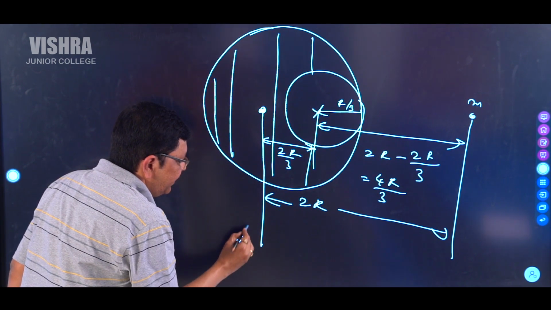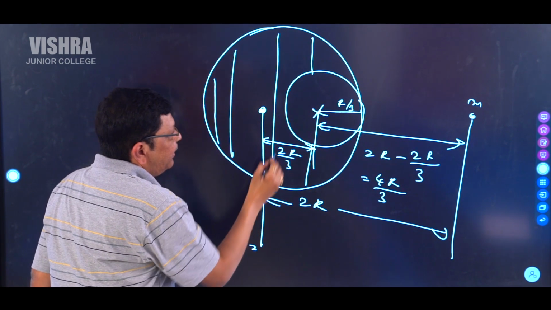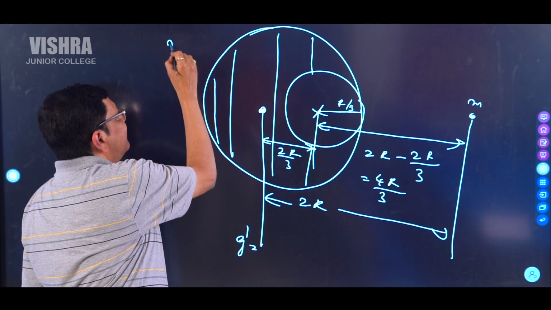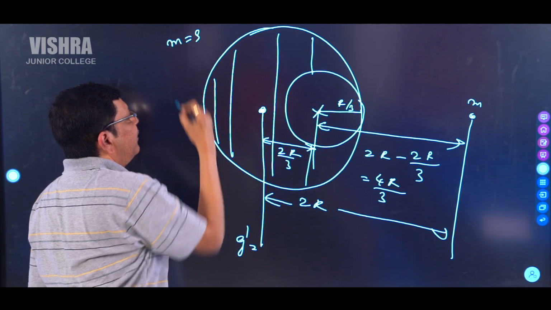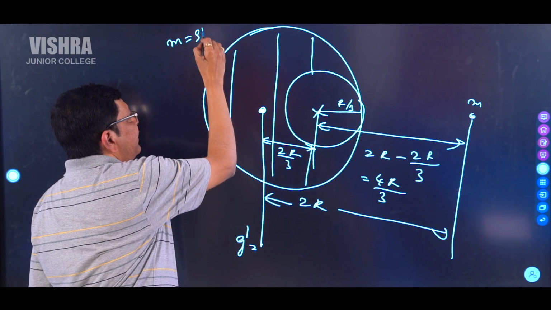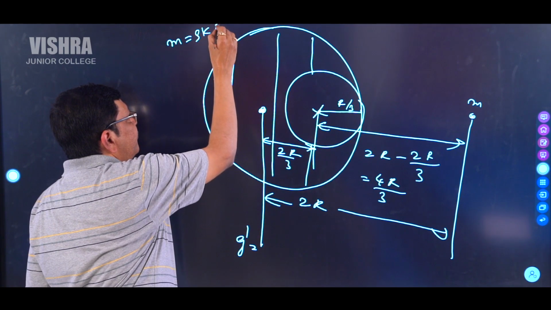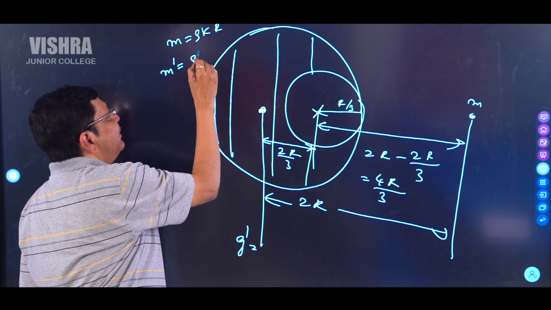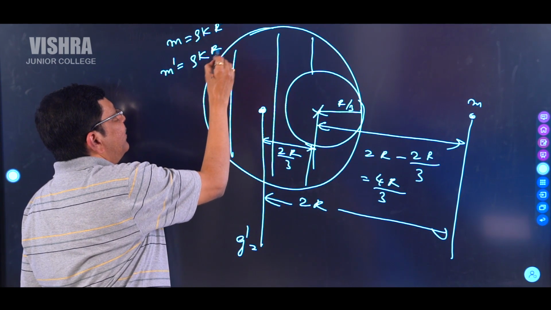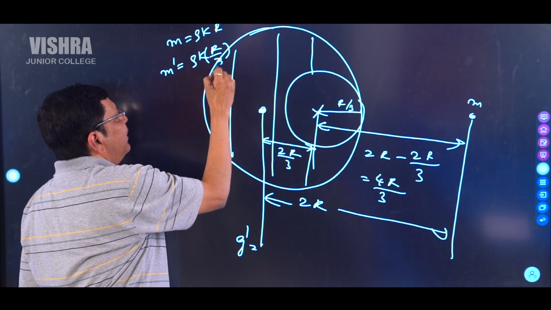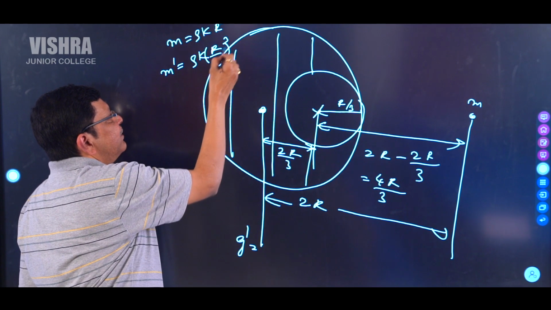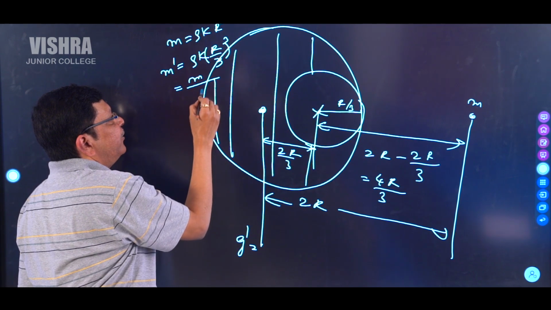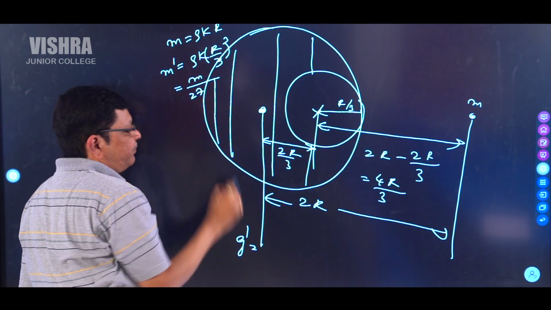That is G dash equals, here we should know the removed portion's mass. Mass is equal to density multiplied by volume. Volume of the sphere is proportional to radius cube. Then the removed portion's mass, with the same density and radius r by 3 whole cube, is equal to the total mass of the original sphere divided by 3 cube, that is 27.